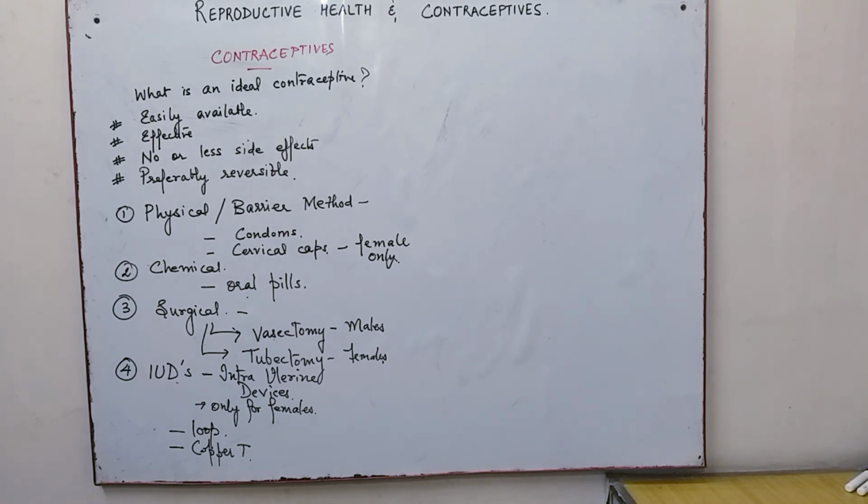So these methods are extensively used for avoiding pregnancy and to control the population. Now, the reproduction process is very important, but overpopulation can result in a lot of problems for society. Therefore, contraception is very important.